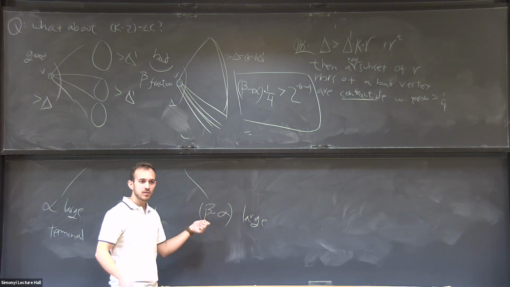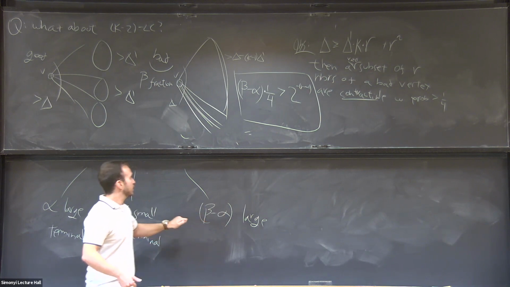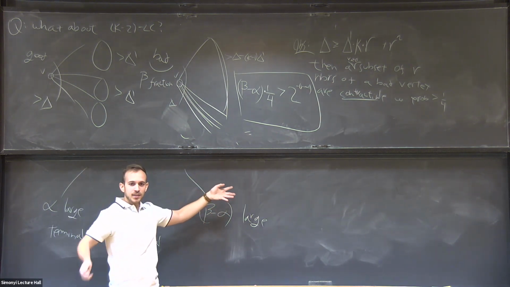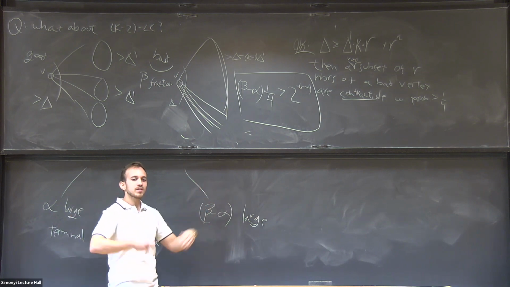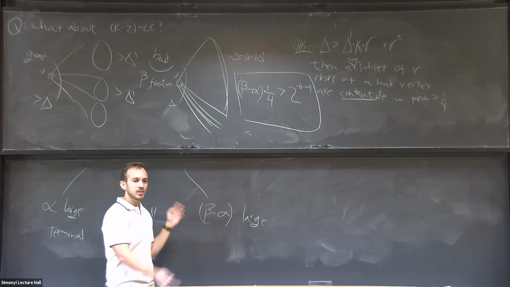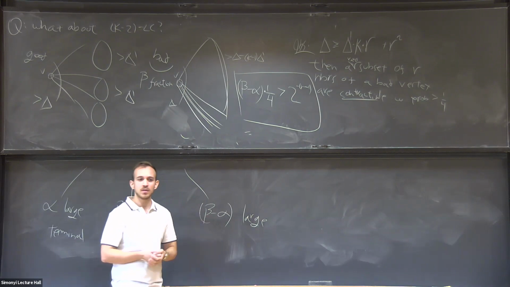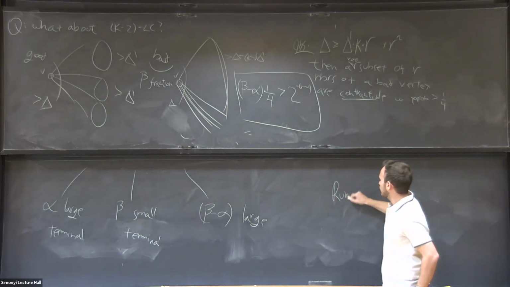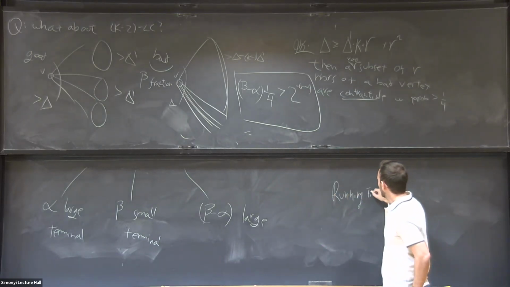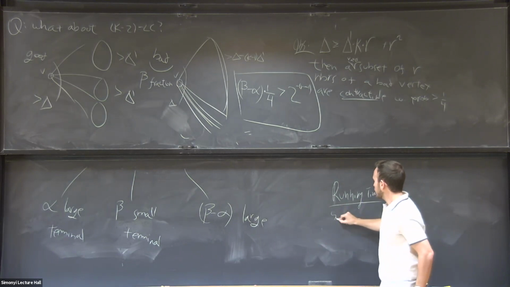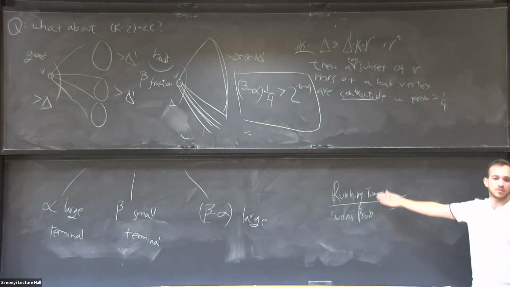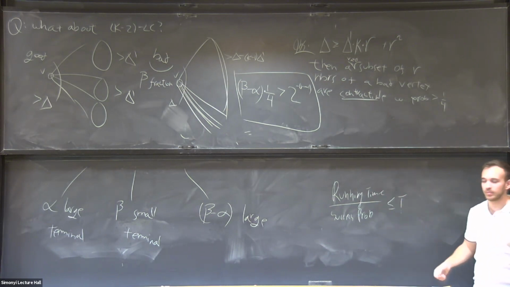But maybe, again, the moral statement to take out of this, which I didn't see written anywhere, but is well known to anybody doing randomized algorithms, is that in general, if you can always get the running time over the success probability to be smaller than something, then you can succeed in this time with, let's say, 0.99 probability.